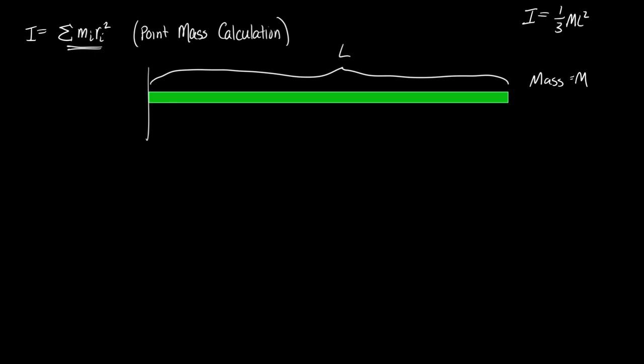Now, we're going to break the object up into multiple pieces. And all day today, I've been doing 10 pieces because I feel it's enough to get the point across, not too many to be too laborious, but also enough where we start getting reasonably effective numbers. You could try and do this with just 2 pieces or even 1 piece, but you won't get close to the right answer. So 10 pieces seems to be enough.